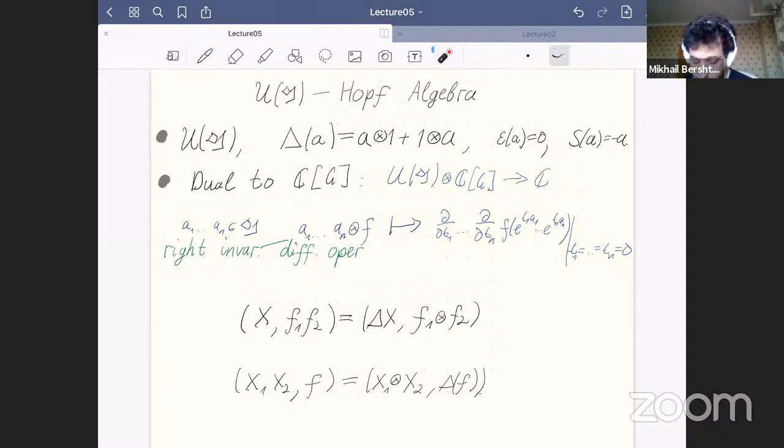So we take the product of the exponents, and then take derivatives. This is our way to write. Since here I used left translations, it will lead to a right invariant differential operator. And since I compute derivatives at the point where all t's are equal to 0, this is a value at the identity.